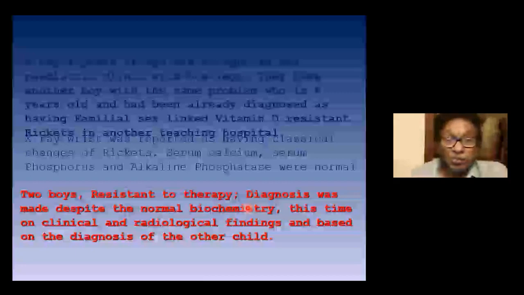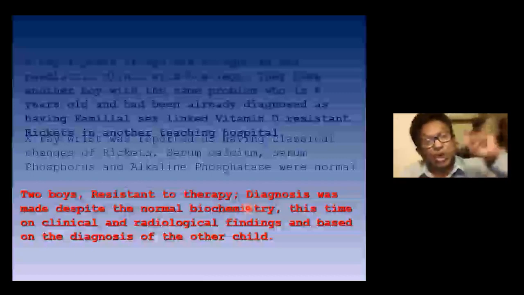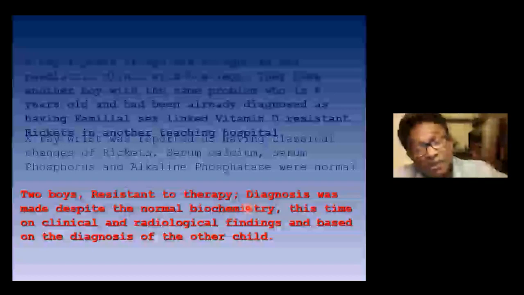So the diagnosis was made without having abnormal biochemistry. This time it was on clinical and radiological findings and based on the diagnosis of the other child. So you diagnose this child as having the same problem because you have taken into account the clinical features, the radiological findings, and the diagnosis of the previous child.